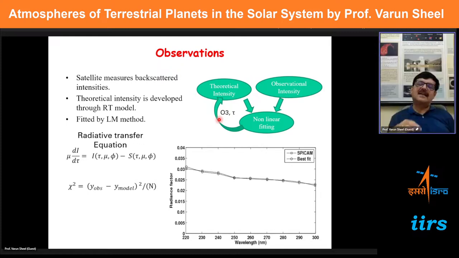In the sense that, as I said, ozone will absorb some kind of UV radiation, which is characteristic. So there is this process of spectroscopy where you know that a species would absorb a certain wavelength or emit a certain wavelength.